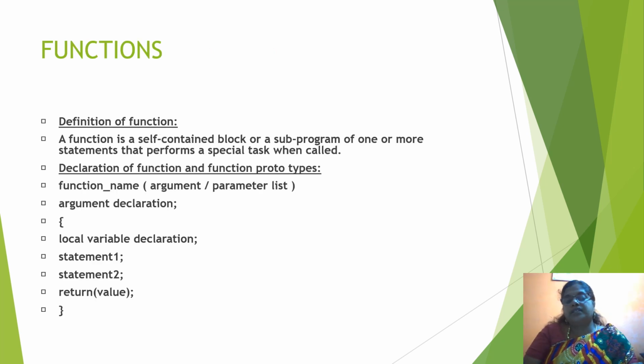Next, we see the definition of a function. A function is a self-contained block or a subprogram of one or more statements that performs a special task when called. Declaration of a function: function name, argument or parameter list, argument declaration that contains local variable declarations, statement 1, statement 2 and return value.